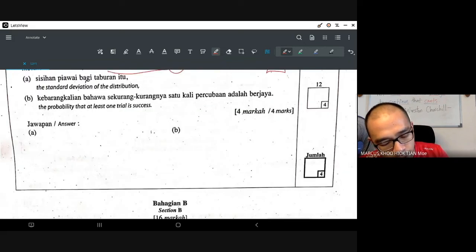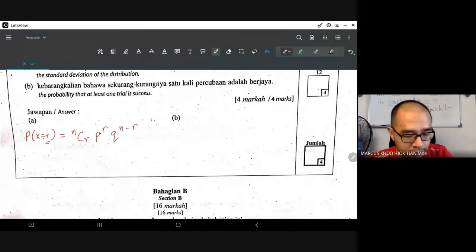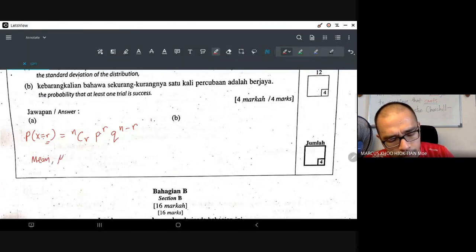Now, formula for binomial distribution is P(X = r), okay, r is the one that you want, equals nCr p to the power of r q to the power n minus r. Okay, that's the first one. The second one is the mean. The mean is given by the symbol mu equals np.